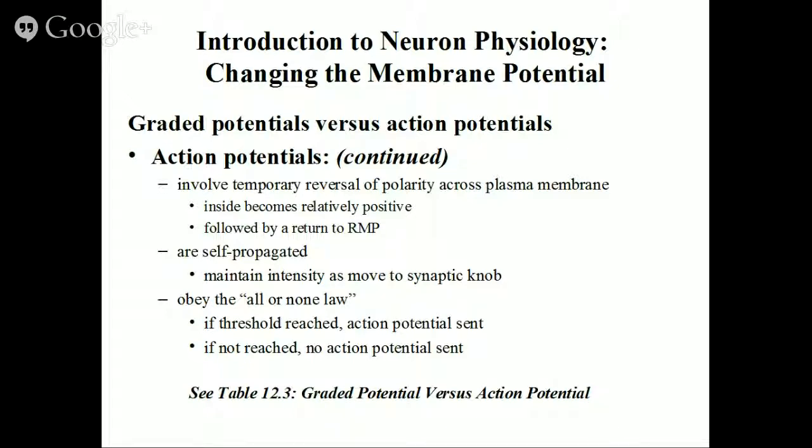Therefore, the localized signal is very weak. Therefore, threshold might not be reached. And if it's not reached, then that signal never really makes it to the muscle, where you wind up having the person practically not being able to move, or not being able to be controlled.